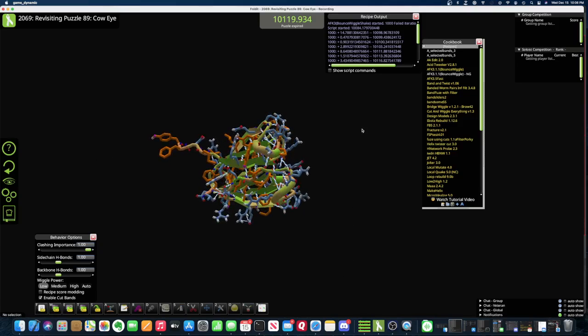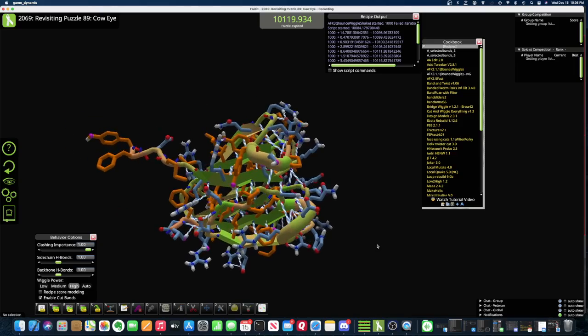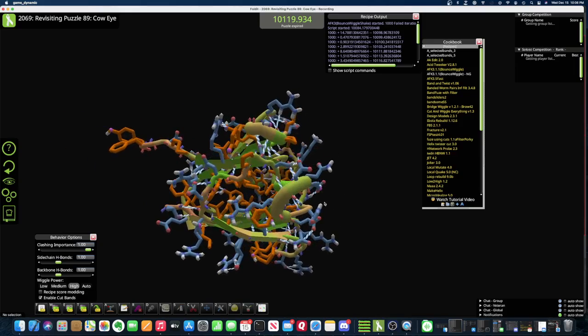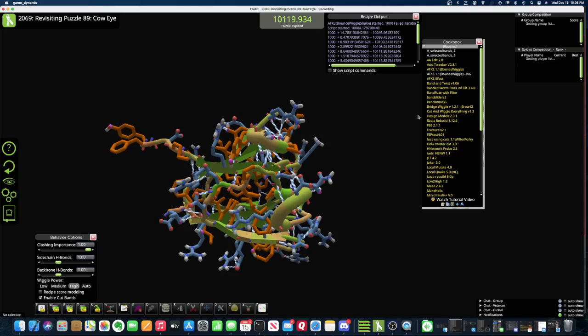The last phase is going to the high wiggle power. At that point, what you're going to do is run all those ideality calculations, which look at each one of these segments and try to improve it.